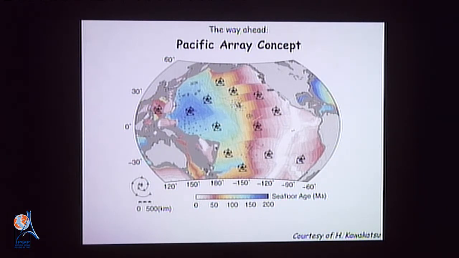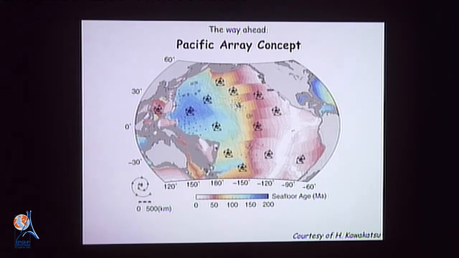The idea is that perhaps it would be better to install moving broadband arrays, because you have to have broadband recording, which is the challenge, that would move from one region of the Pacific or the Atlantic over several years.